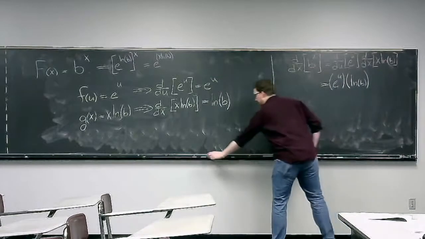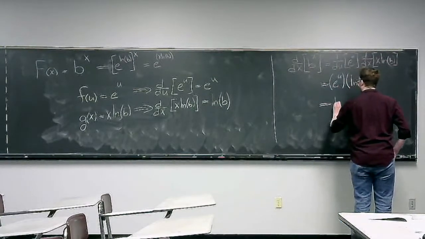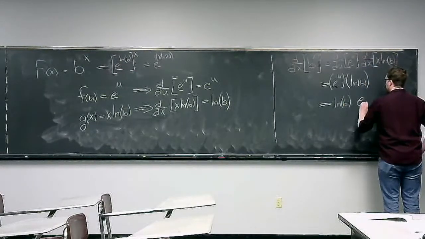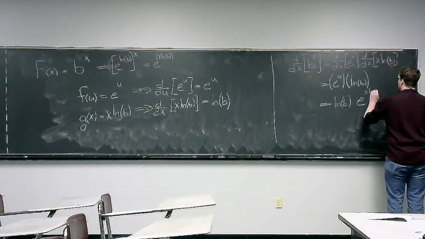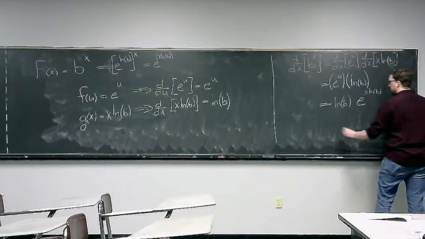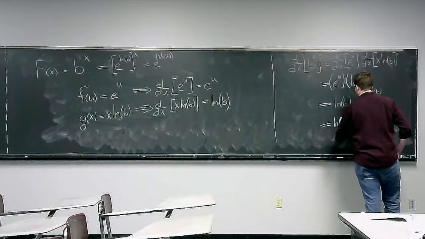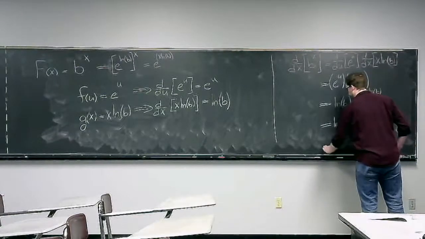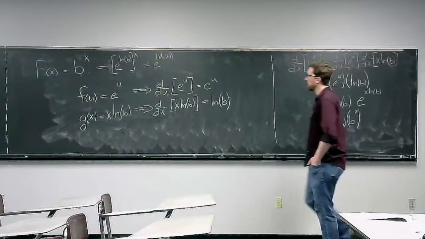Plugging everything back in and rearranging a little bit, we get the ln of b times e to the x times the ln of b, which we can rewrite as the ln of b times b raised to the x. And that's it. That's all she wrote.